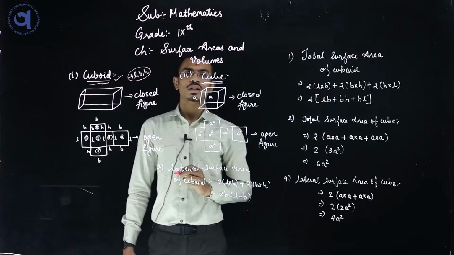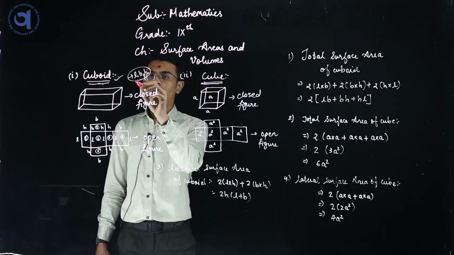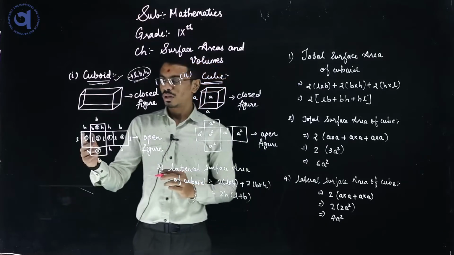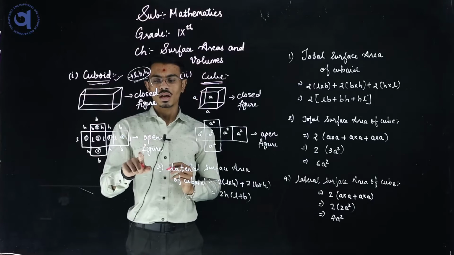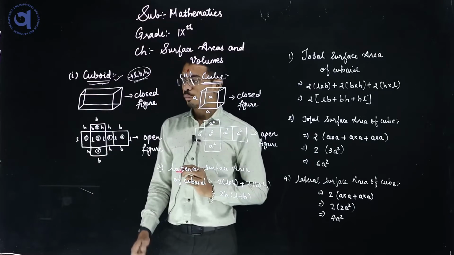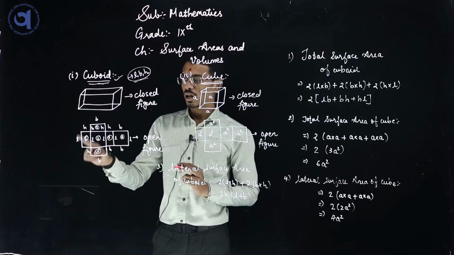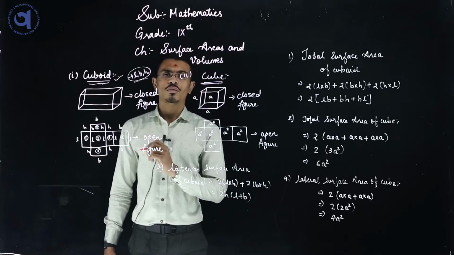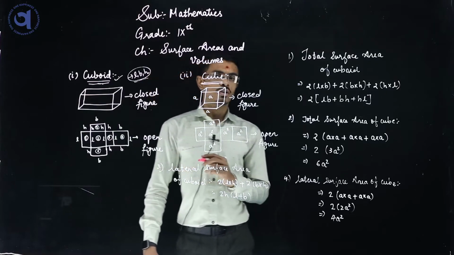So for example, I have drawn two shapes, one closed figure and another open. In the open figure we can see the length, breadth and height given, and each of them occurs two times.